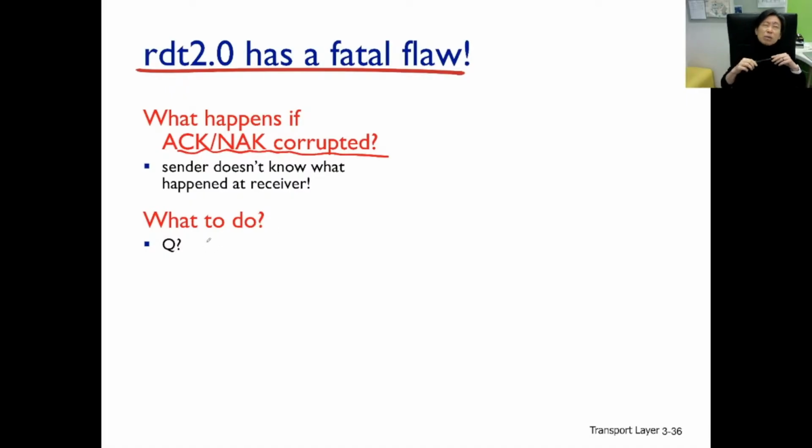So what do we do with this? If you think a little bit further or recall back, didn't we have the same situation? When data is corrupted, we ask the other end to send feedback. So perhaps we could ask the sender of the data to send feedback so that the receiver will know whether the ACK or NACK is corrupted, and therefore retransmit the ACK or the NACK.